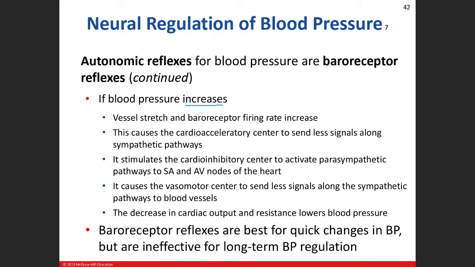Those nerve signals are going to go up to the control center. Here's what's going to happen. It's going to go up to the cardioinhibitory center. It's going to activate the parasympathetic nervous system, and the parasympathetic nervous system is then going to have the pacemaker and the AV node slow down the heart.